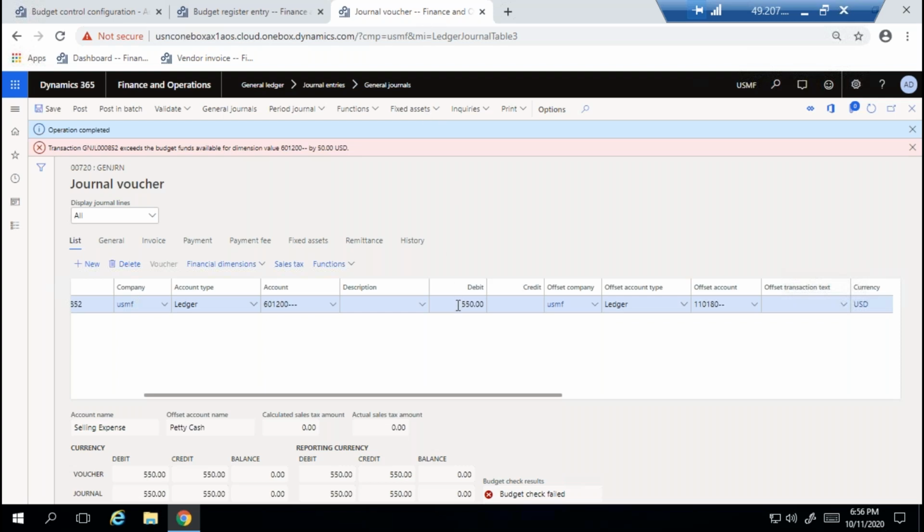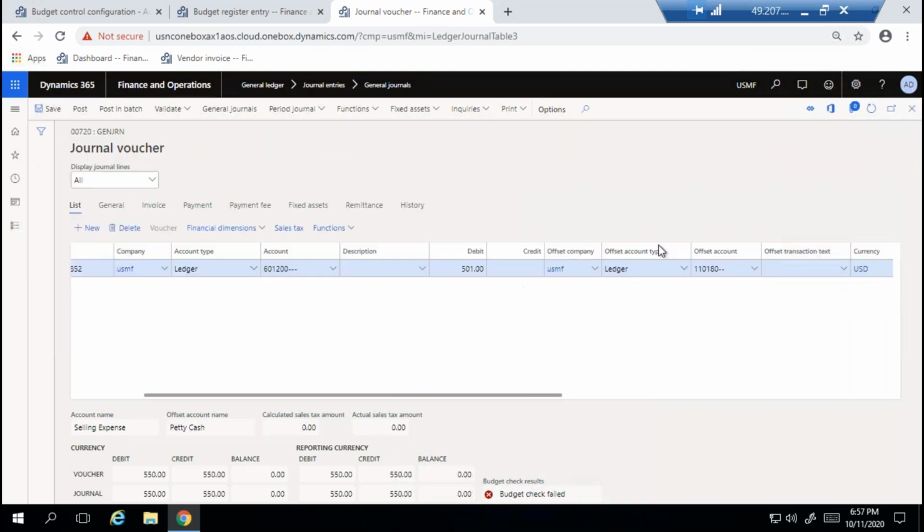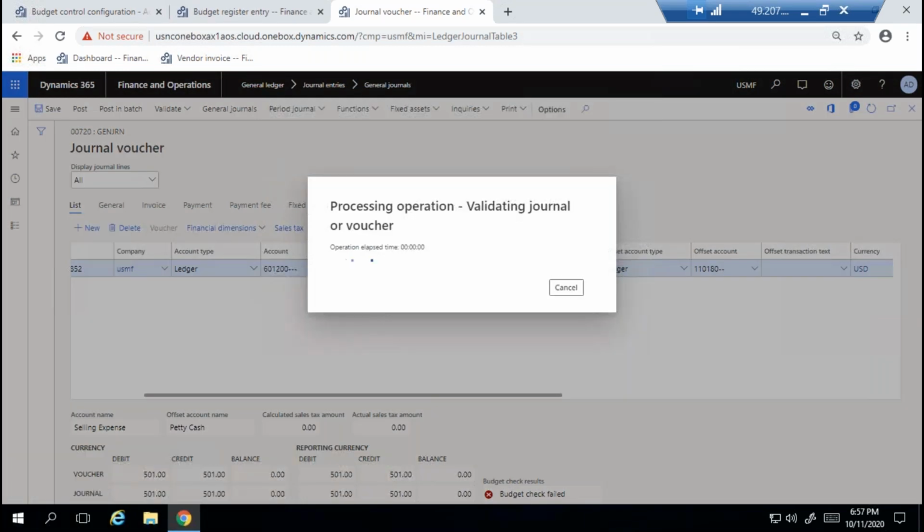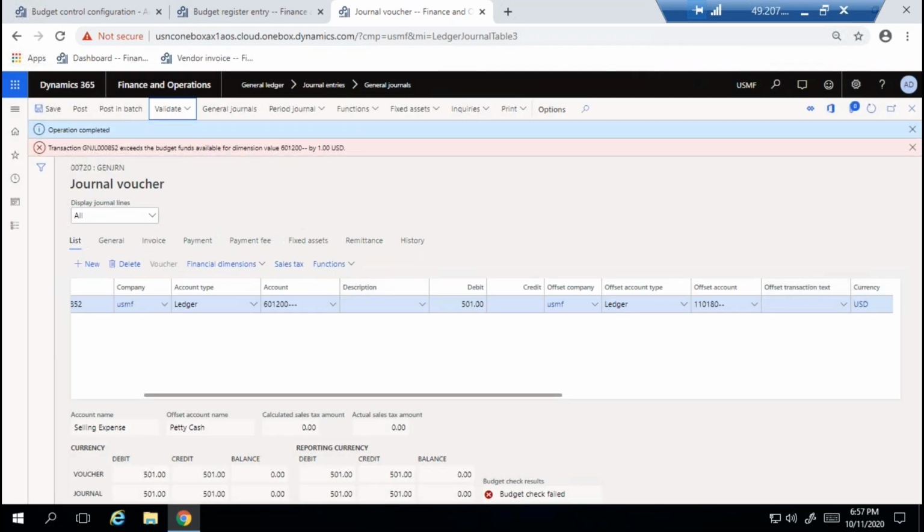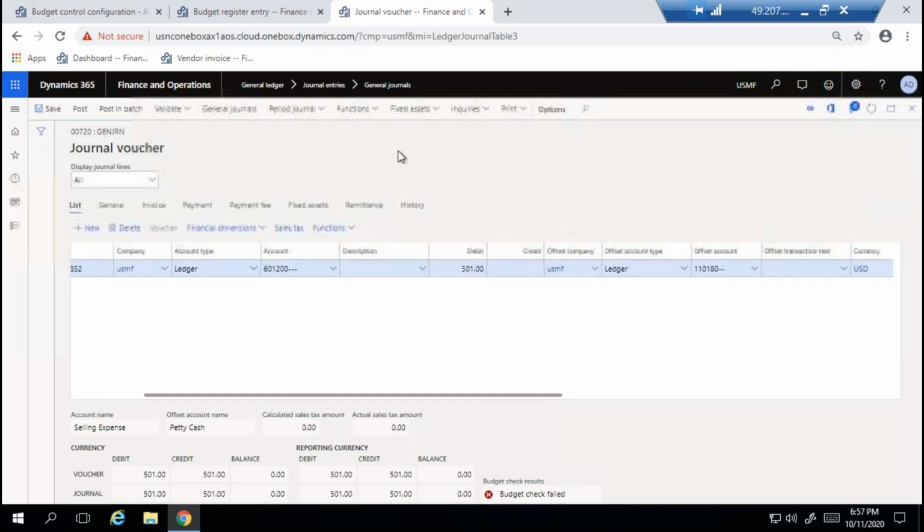If I try to enter 501, let me validate or let me post, it will stop. System will stop. It will not allow you to post. $1 is extra. Even if you are trying to post also, you will get the same error message.